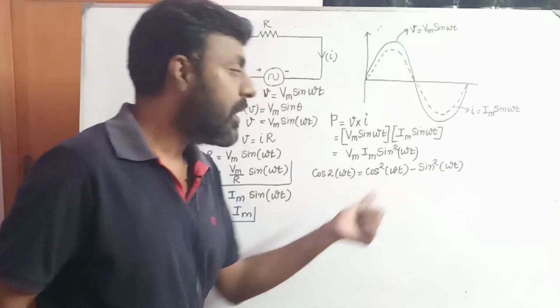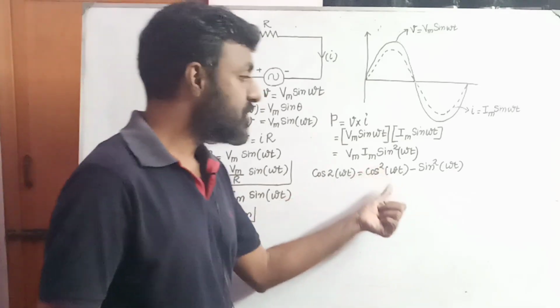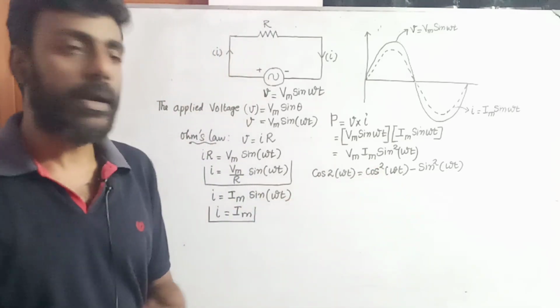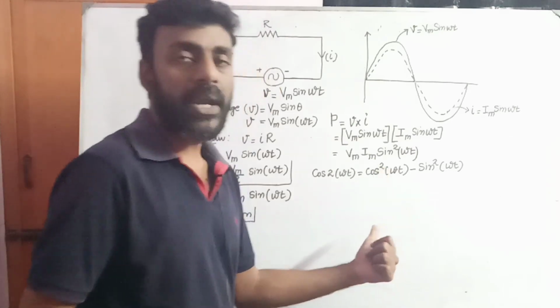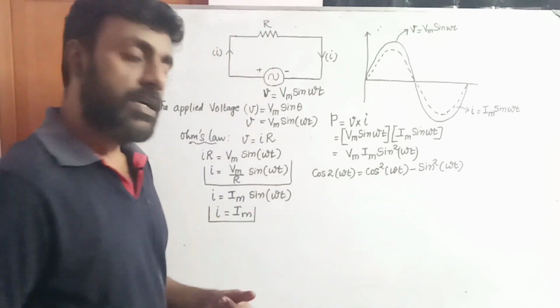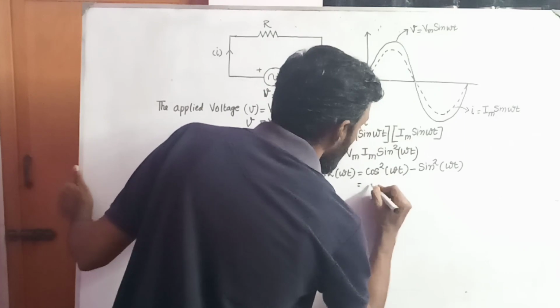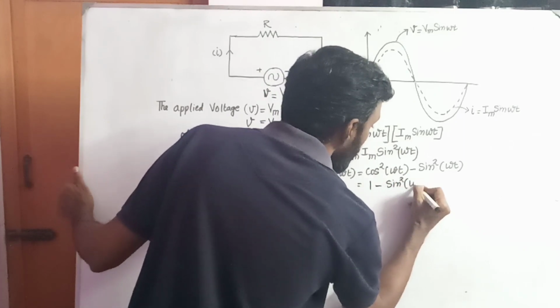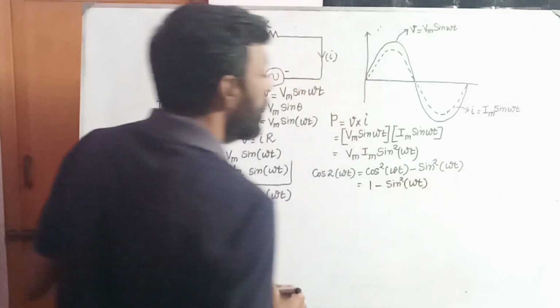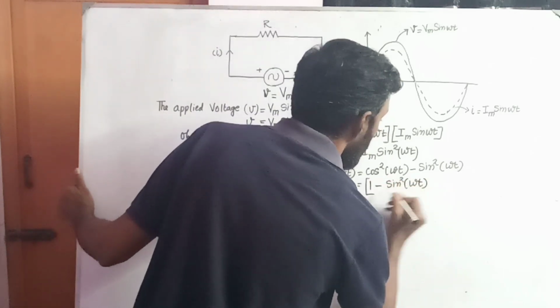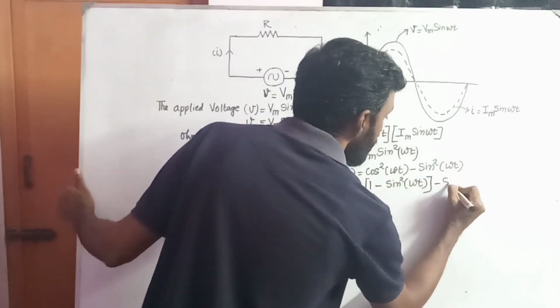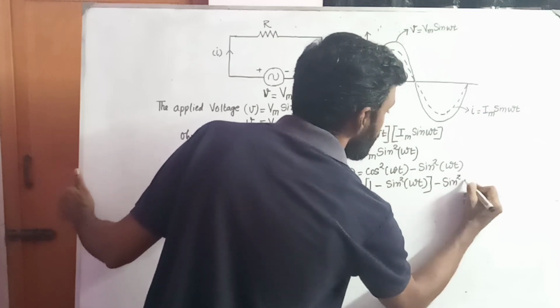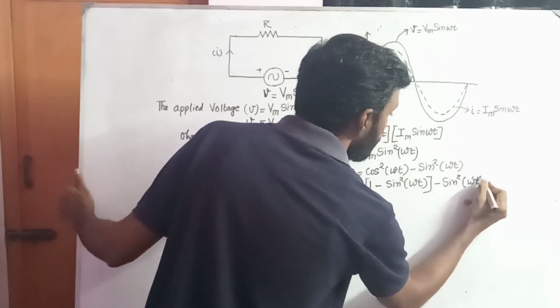So cos squared omega t can be written as, we know, sine squared omega t plus cos squared omega t is equal to 1. So cos squared omega t is nothing but 1 minus sine squared omega t, minus sine squared omega t.